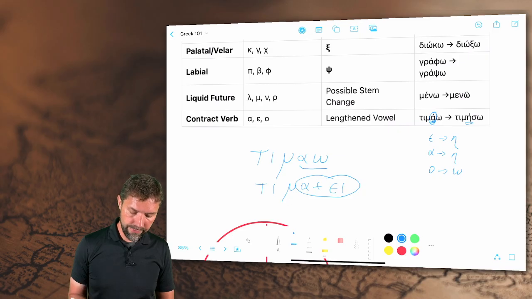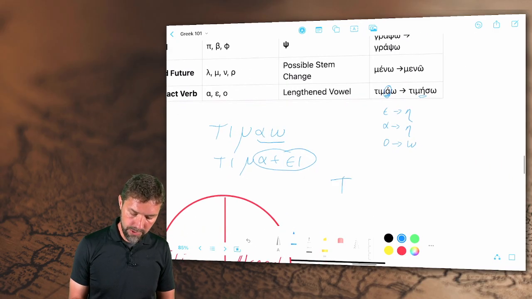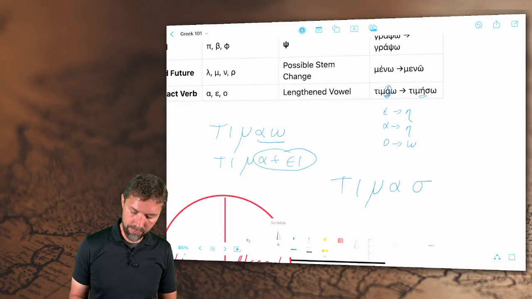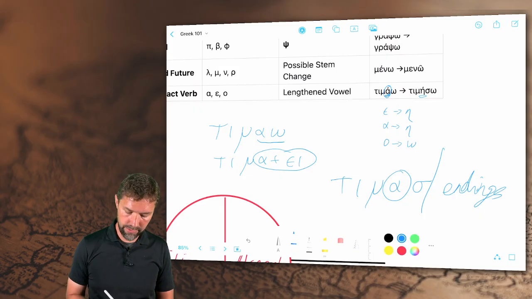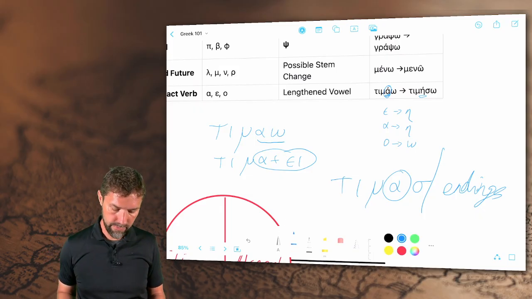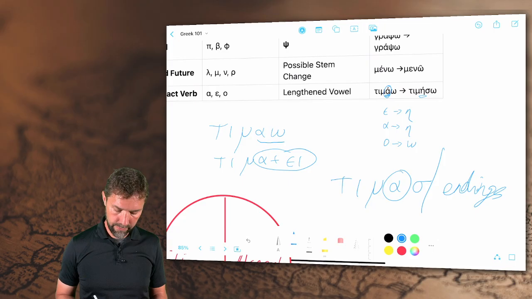Where normally I have that, once I'm doing a future tense and I put in tima, I put in my sigma, that sigma has now blocked or put a barrier between everything and the endings. And that leaves this contract vowel by itself. Because it's by itself, it'll simply lengthen. Nothing else special happens. Okay, that bit of it works.